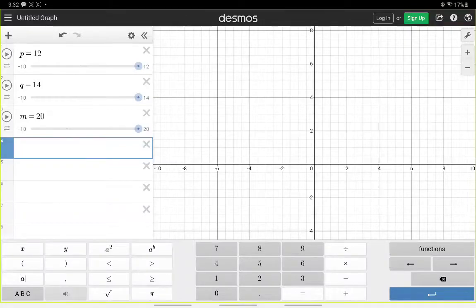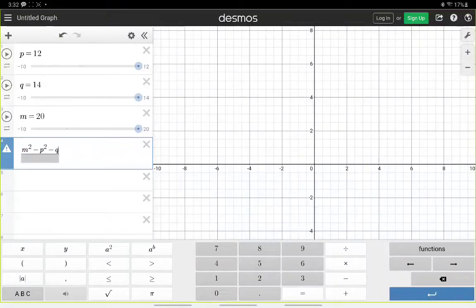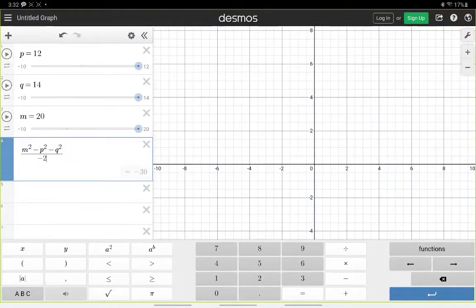Then we had written on our notes that cosine M is M squared minus P squared minus Q squared over negative 2PQ. And notice as soon as I finished it, it evaluated that expression for me, which is awfully nice.